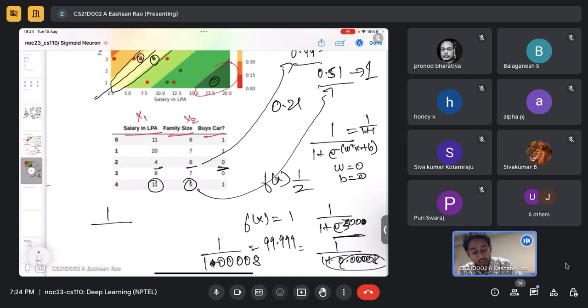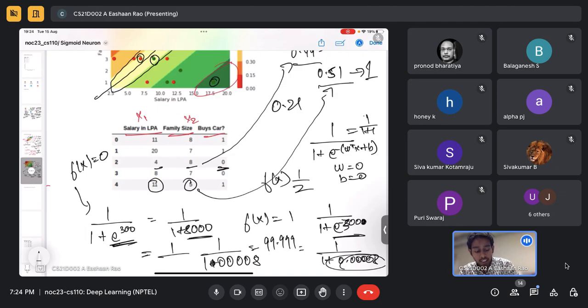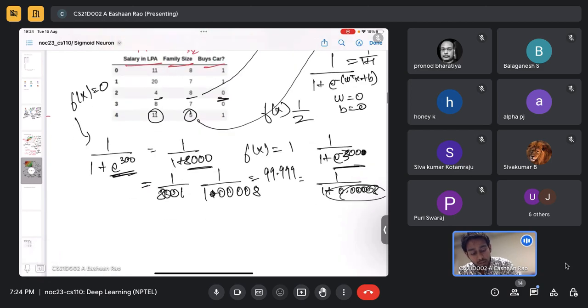Similarly, if I want to go to class 0, that is f(x) equal to 0, I need to increase the value. So maybe 3 equal to 300, so maybe I will find that e to the 300 equals 8000. I'm assuming a certain value; I don't know the exact value of e raised to 300, but let's assume it's 8000 right now. So it will be 8001, and 1 divided by 8001 will be close to 0.000067, which is equivalent to 0, right?